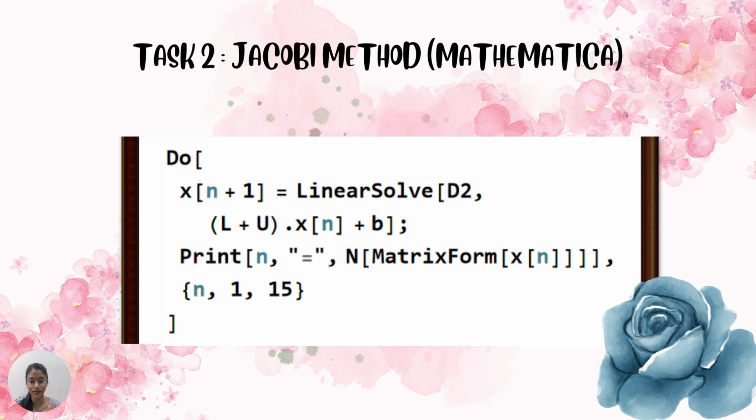I have written the command using LinearSolve. Here you can see that I wrote Print n equivalent to matrix form. I want the iterations to be in matrix form, and below there I wrote n, 1 and 15, because I want to find until the 15th iteration.